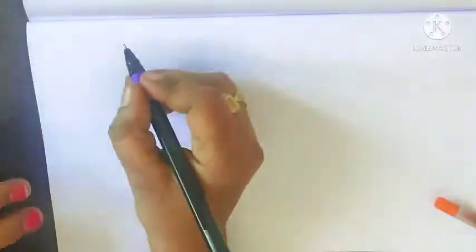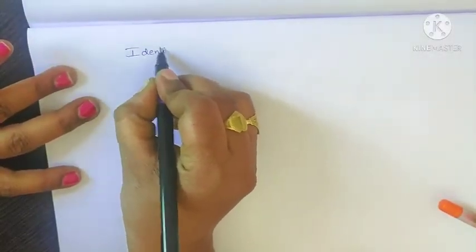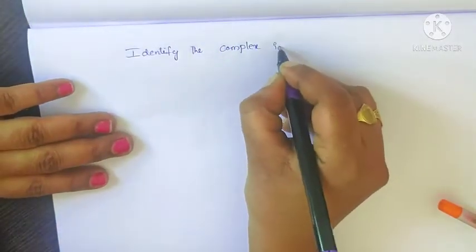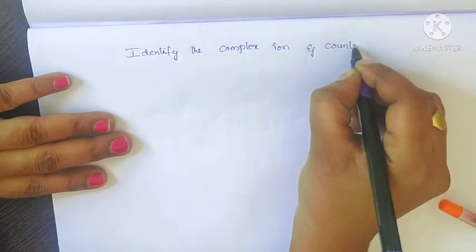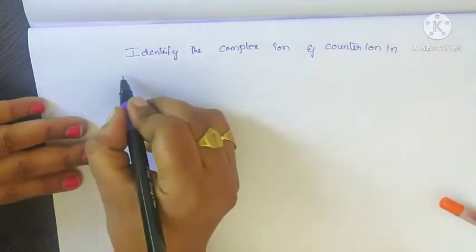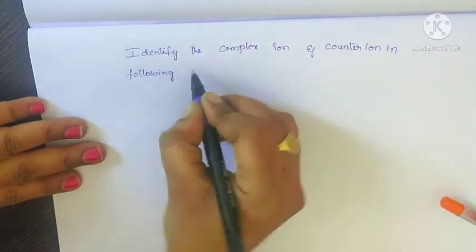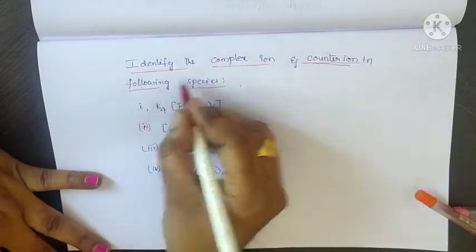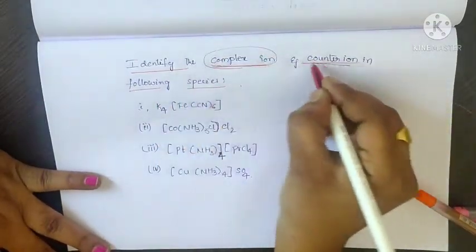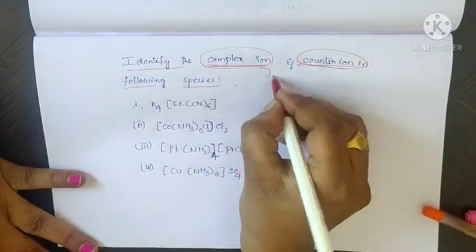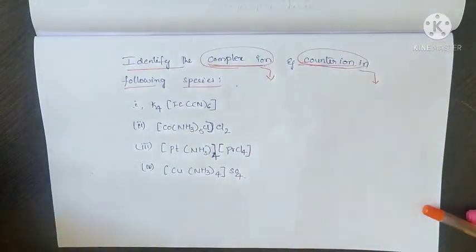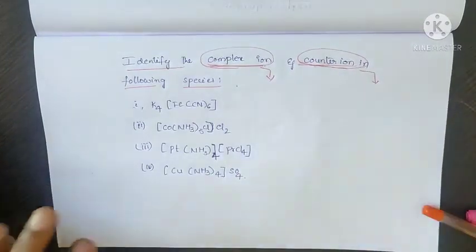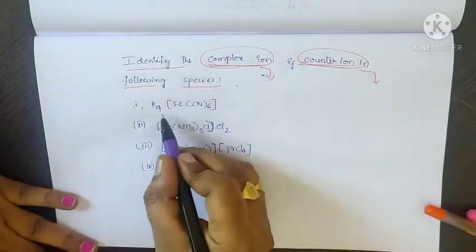Okay. Next one is how to identify the complex ions and counter ions in the following species. Look here, these are examples. We identify which is the complex ion and which is the counter ion.